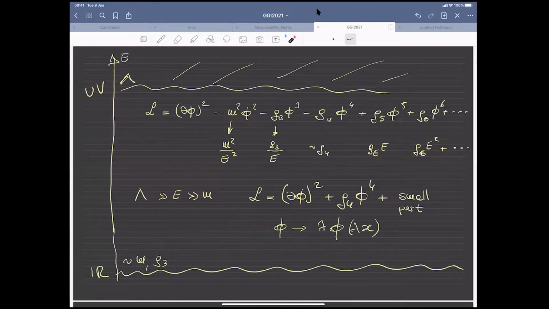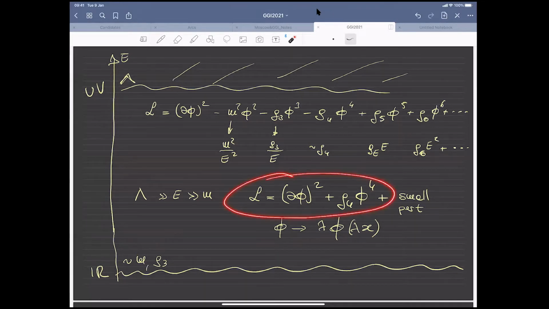You increase the energy, and the only thing you see is a slight change in the effective value of the quartic coupling, but that's it. Of course, if you were to increase the energy and start seeing these other ones, then bingo. But otherwise, you are just stuck in what we call the desert.